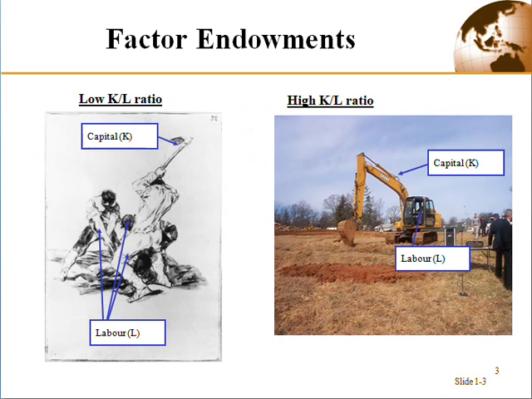Now, this is a pictorial illustration of what we are saying. You see, in this particular case, the country is labor endowed, and the capital they are using is quite small. They are digging the holes here. Whereas in this particular case you have a tractor, a caterpillar ready to work in the field, and it could be managed by one person and could do a lot, and so they are more capital intensive than the previous one.